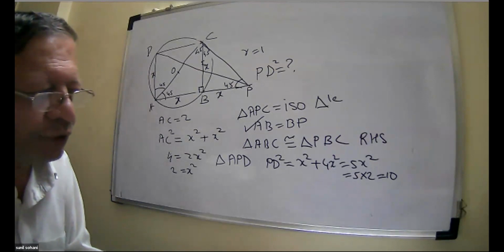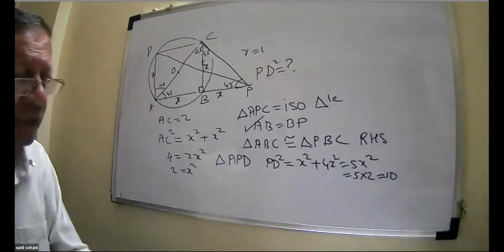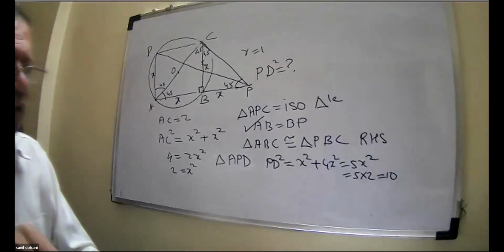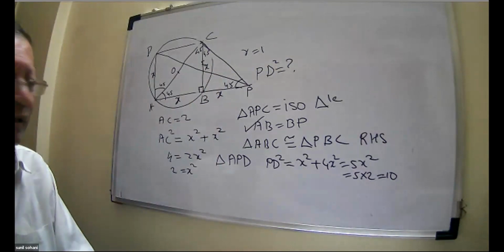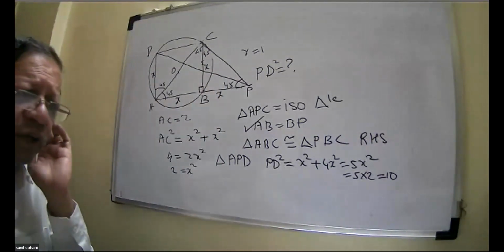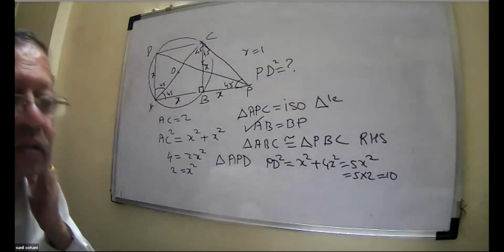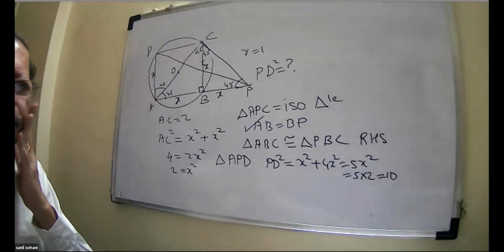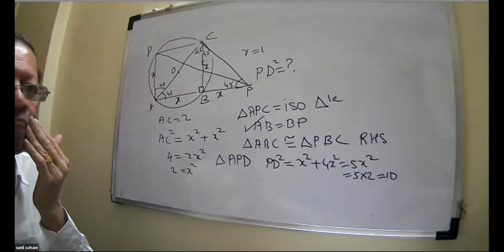Now let me decide which question to do. Question 25 is very tough, so I skip it for the time being. 24, we go to 24. So let me, have you written down or should I wait? So we've written down.